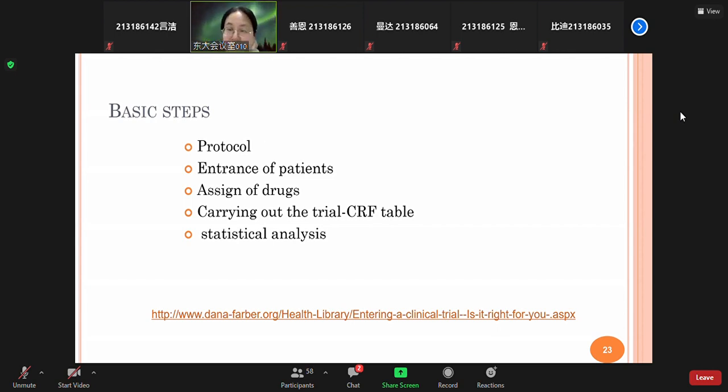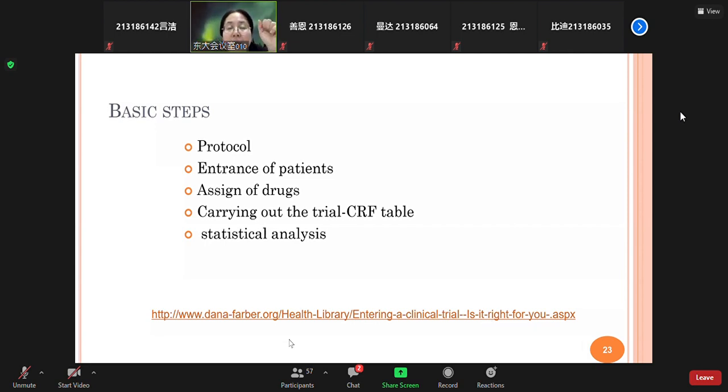Before you get the FDA approval, in China we have CFDA, before you get the approval from CFDA for a new drug, you have to go through all of the steps. So the first step is to discuss and prepare the protocol.